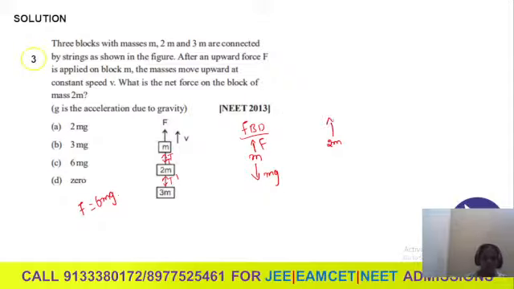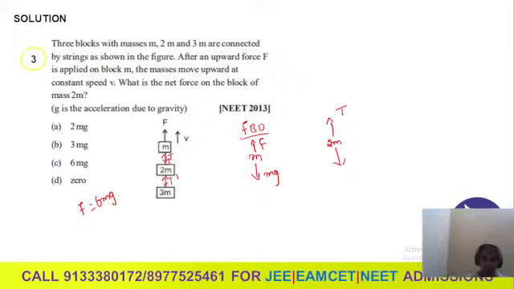So on 2m there is the upward force T, and downward it will be balanced with the total weight.